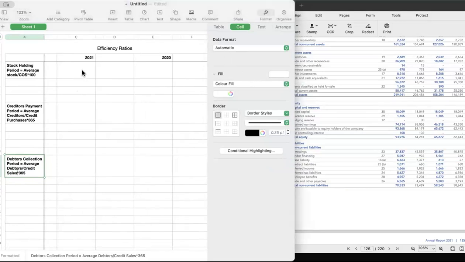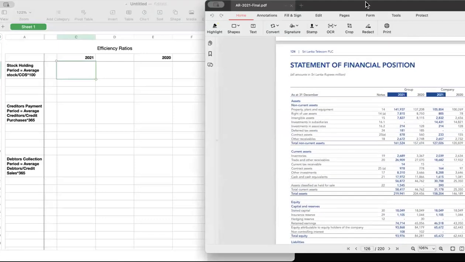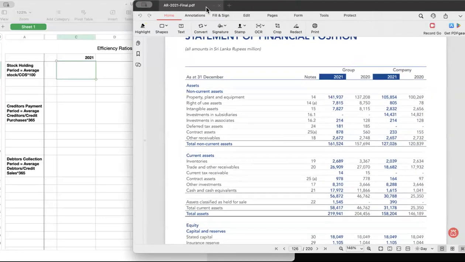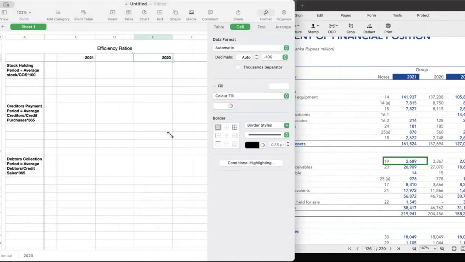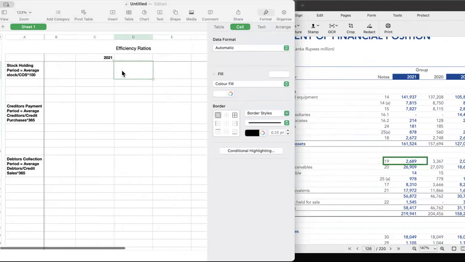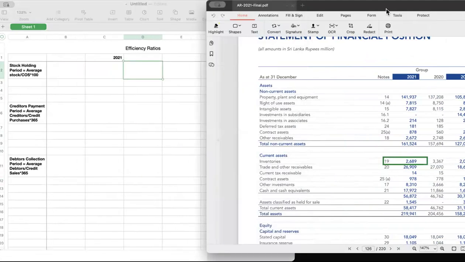Okay, stock holding period, average stock. Where are our stocks? Stock means inventory. I want you to find the average stock, please. Average stock is where you add both years and then find the average. Oh, you need the previous years. For 2020, we don't have the information, so we'll have to just do 2021, okay?